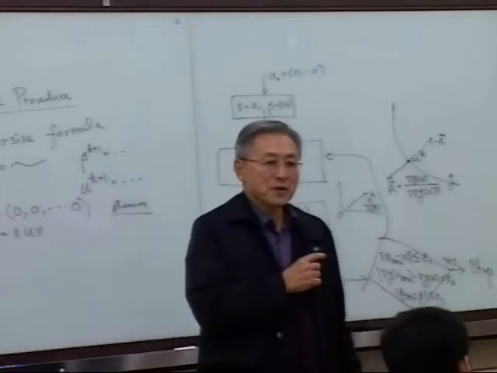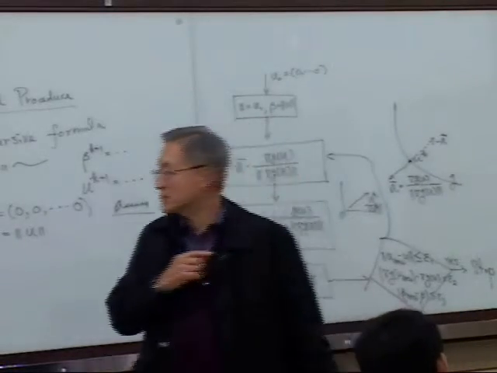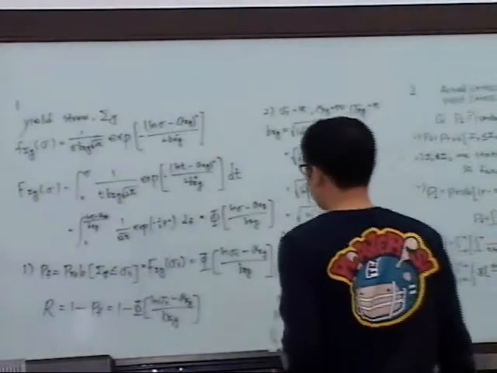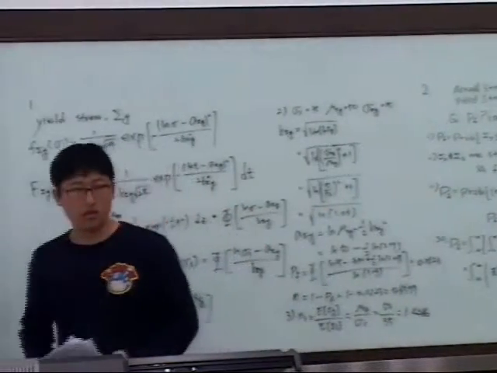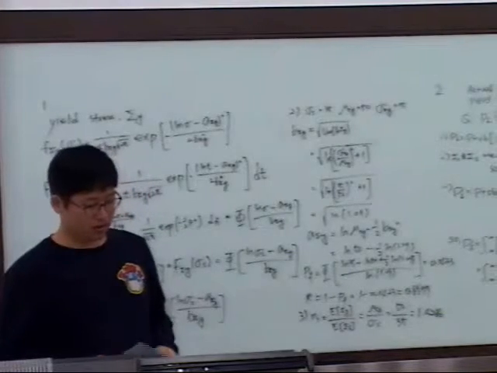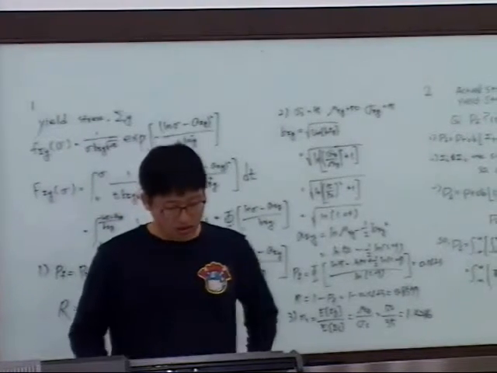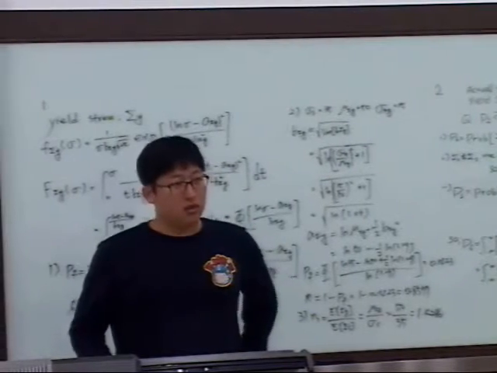Okay, problem number 1. Yonghyun, come out. So as I mentioned, 8 out of 11 did not quite complete to get the right answer. So it's a good time to review.